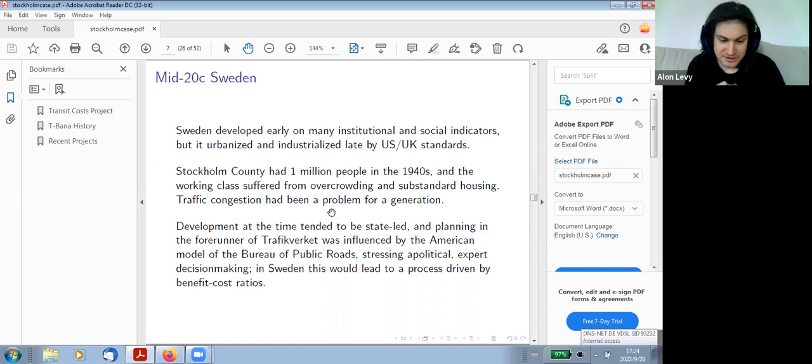Now, Trafikverket did not exist in the 50s because it comes from a merger of a road and rail administration, and these two have institutional changes. The rail administration having come from 1980s reforms, but the bureaucracy kind of persists through these changes.